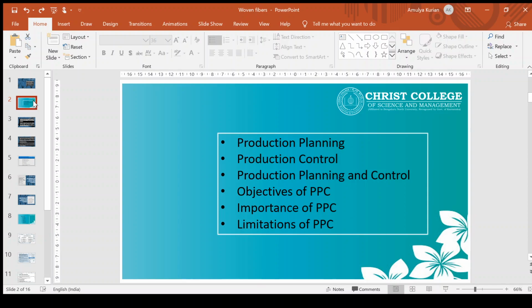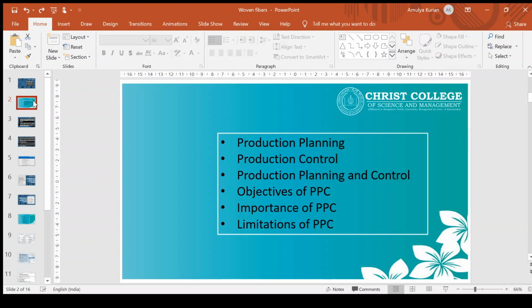So first let us see what is meant by production planning. It is concerned with determination, acquisition and arrangement of all facilities necessary for future operation. When we are planning, we will be using the forecasting method, wherein we look into the previous ways in which the operations were done, and based on that we predict and get things done.